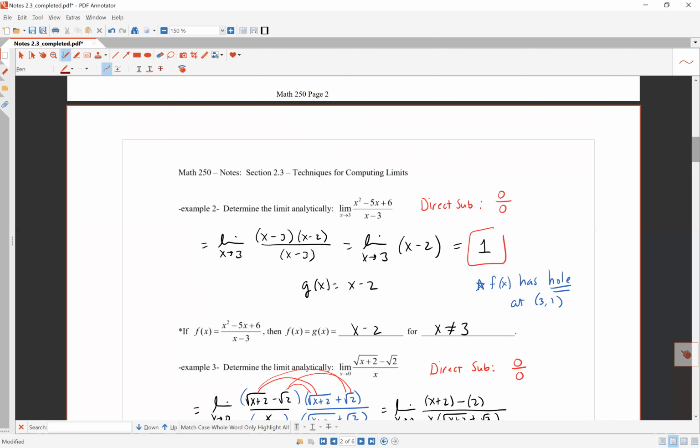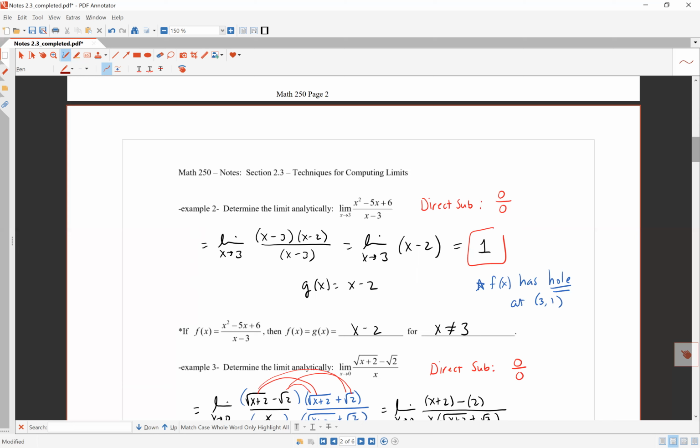So this problem is set up nicely, and we factor the numerator into polynomials of degree 1. X squared minus 5x plus 6 is x minus 3 times x minus 2, divided by x minus 3. So x minus 3 drops out. The limit of x squared minus 5x plus 6 divided by x minus 3 is identical to the limit as x goes to 3 of the function x minus 2.